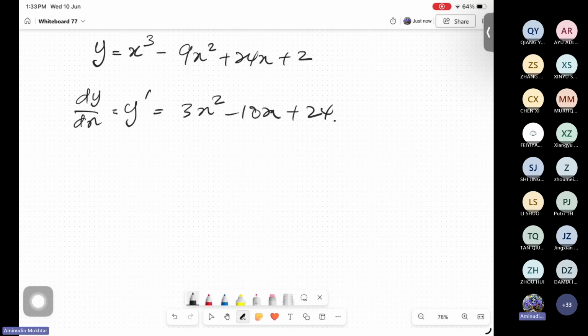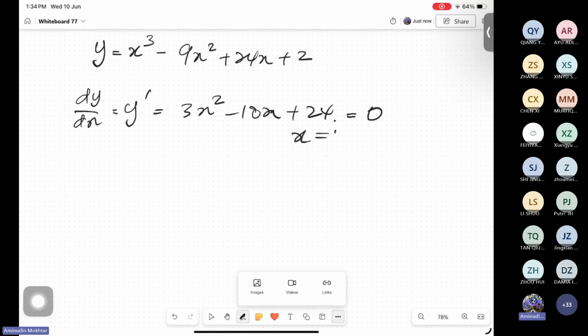Then, as the first step, we need to set this function equal to 0, to identify where the slope of the function is 0. For this case, you can apply the quadratic formula or use your calculator. I'll just skip the process. We know that the answer is when x equals 4 and when x equals 2.